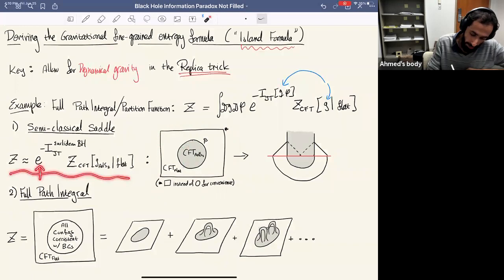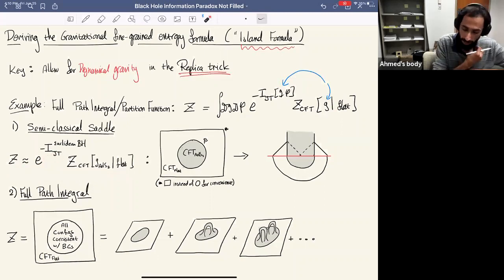The JT part, well, this is just the on-shell action of JT on that Euclidean black hole. And then what remains is the quantum part, which is the partition function of the CFT on, again, this hybrid spacetime, but now where we know what the hybrid spacetime is.